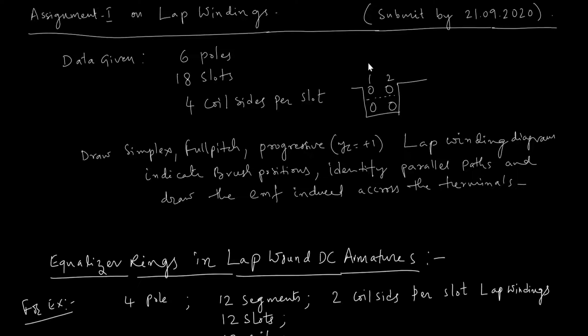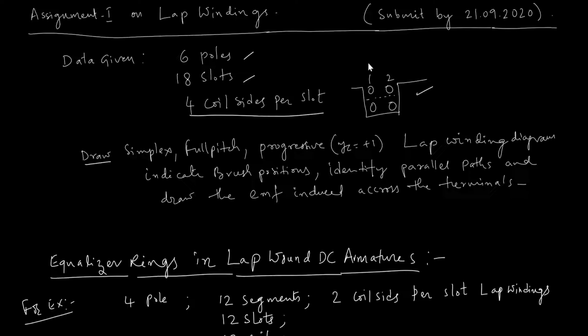So this is a lap winding with 6 poles, 18 slots, 4 coil sides per slot. So this is the problem.